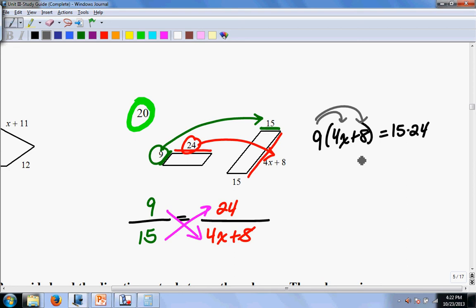Distribute. 15 times 24, I'm going to do up here. 4 times 5 is 20, carry the 2. 4 times 1 is 4, plus 2, that's 60. 2 times 5 is 10, carry the 1. And that's going to be 3, so it's 360.